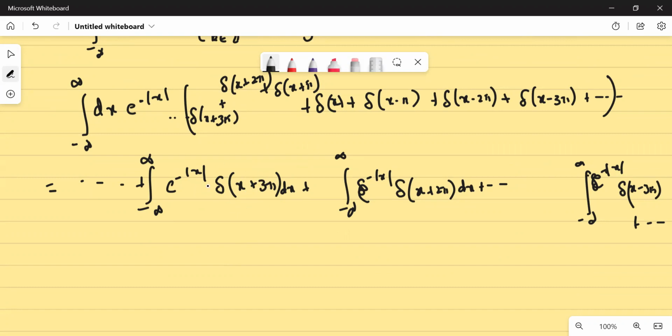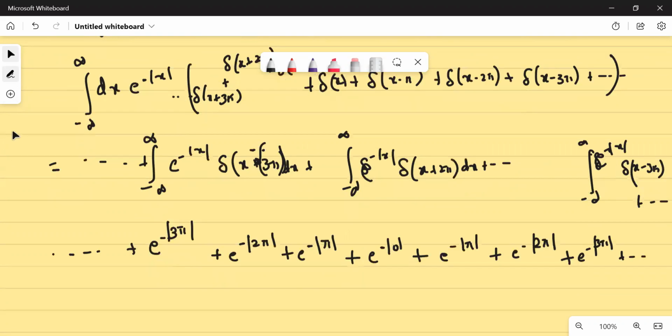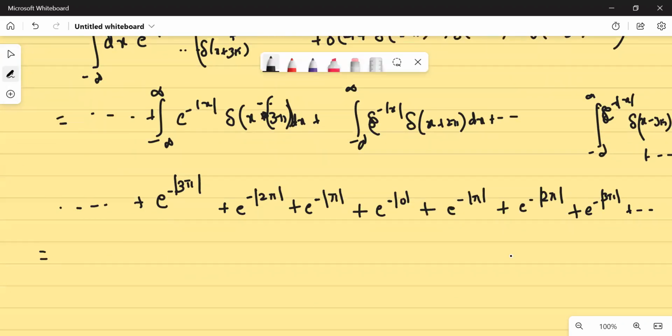So all you have to do is, the Dirac when multiplied with a well-behaved function, which is e to the power minus modulus of x, will give you e to the power minus modulus of 3 pi. Whether you take modulus of minus 3 pi or plus 3 pi, it is one and the same, because it is a modulus. Right? Okay. Is that clear?